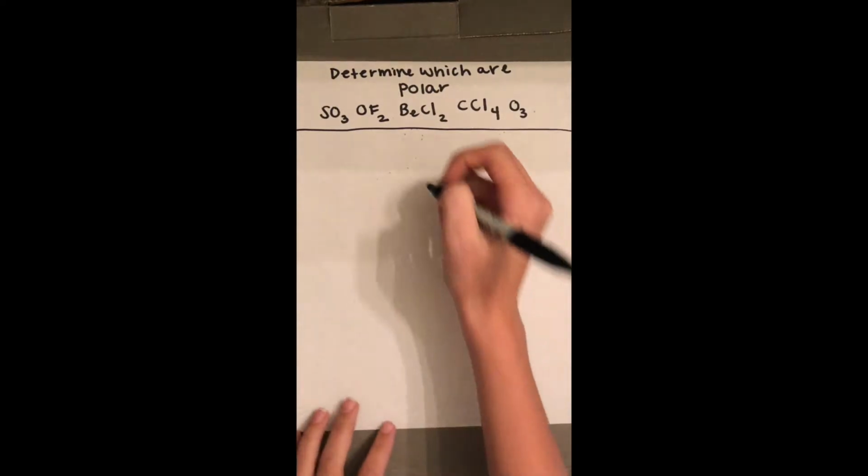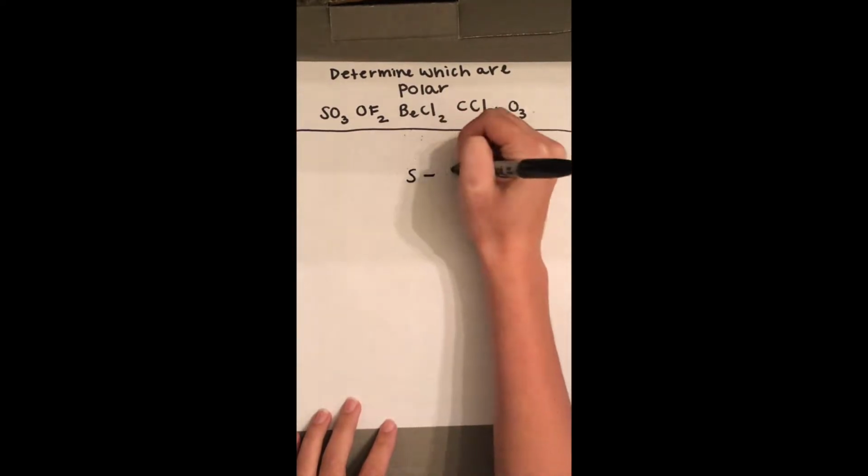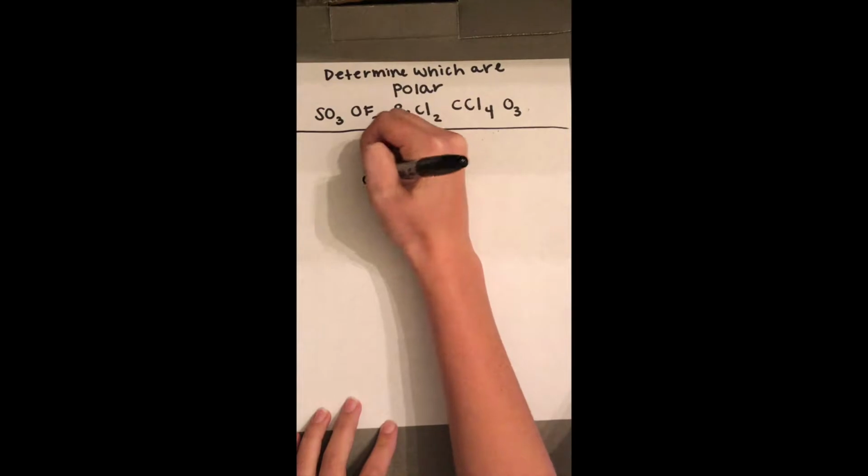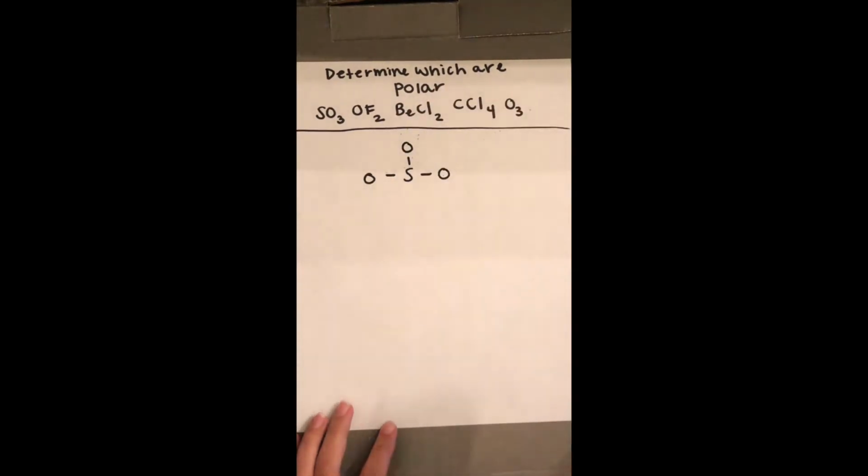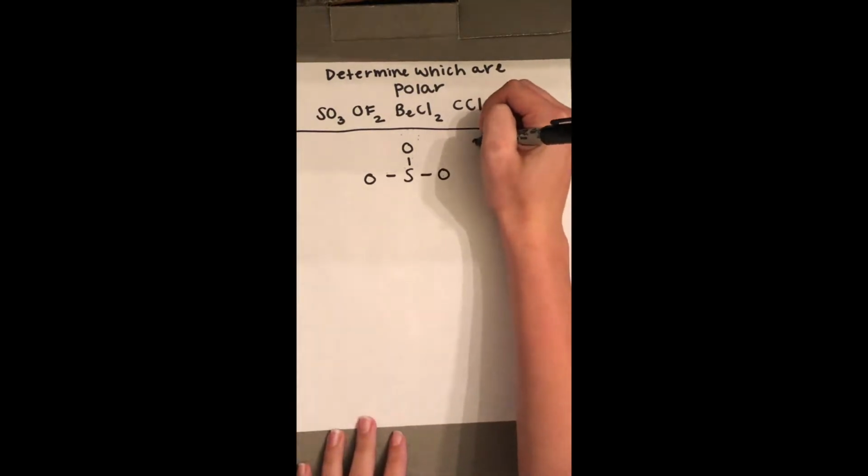I'm first going to start by drawing the Lewis structure of SO3. You start by placing your S atom with your O atoms around it. This has 24 valence electrons in it.